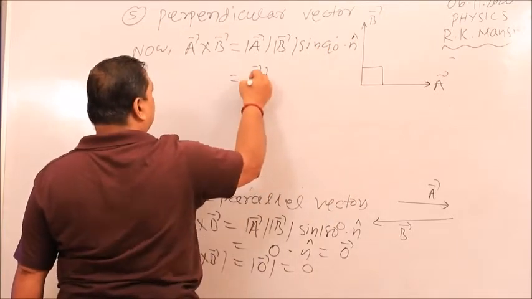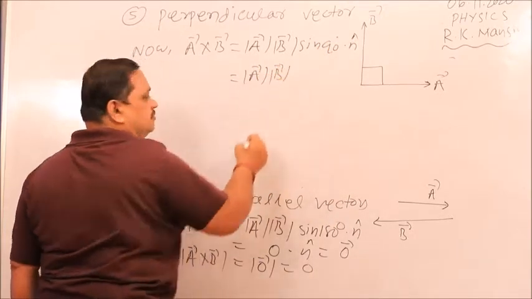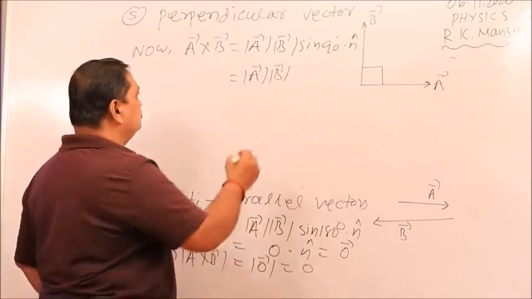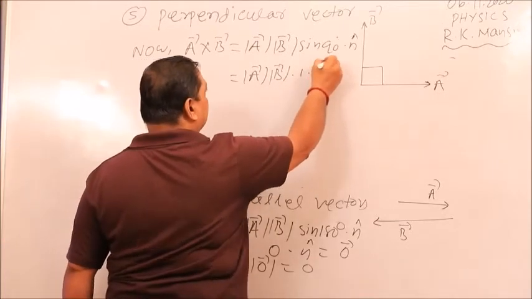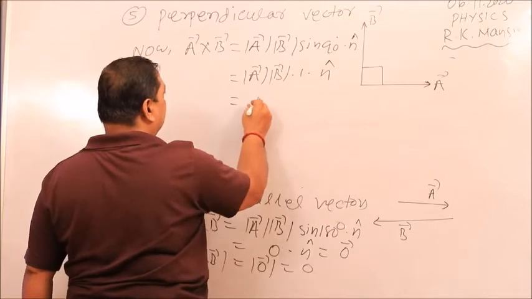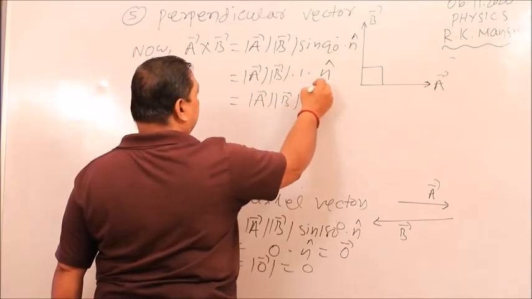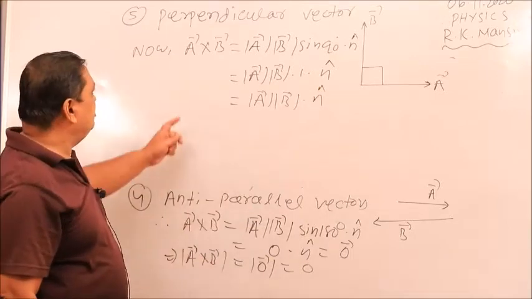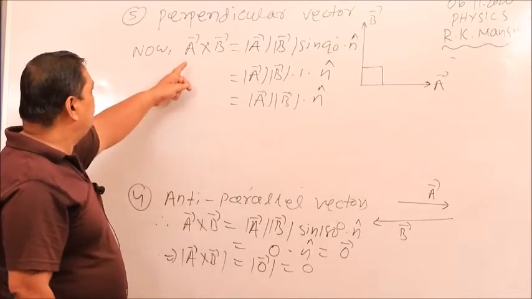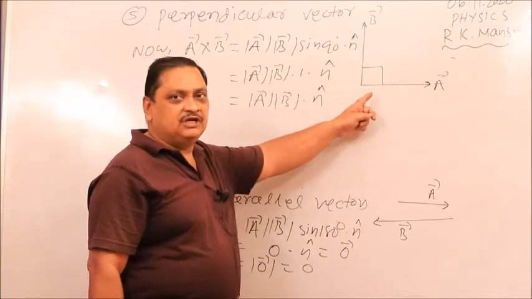Value of sin 90 is 1. So here 1 dot n cap. Finally modulus A, modulus B, n cap. This is the value of cross product between two vectors A and B when they are mutually perpendicular to each other.